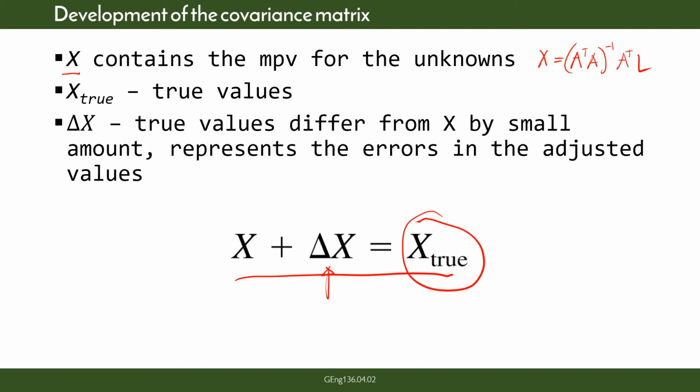So this is a small amount. In general, given that your sets of data are free from biases and systematic errors, though there are no perfect observations, there will be small deviations of your most probable value compared to the true value. So we have this delta x, a small amount, which represents the errors in the adjusted values.